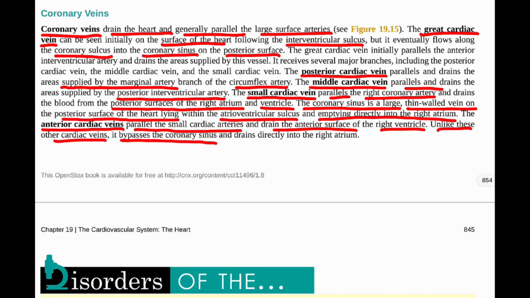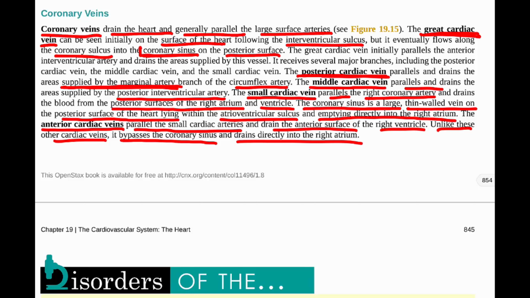So again, we have our great cardiac vein that will eventually drain into the coronary sinus. We have our posterior cardiac vein, which is going to drain the area supplied by the marginal artery, and then that's going to go into our coronary sinus.